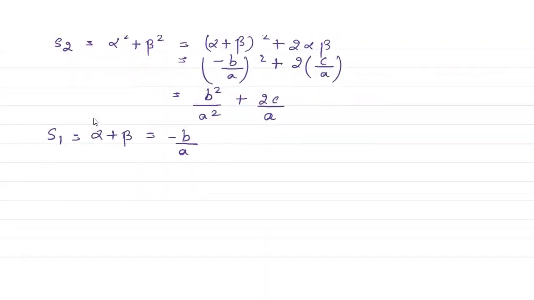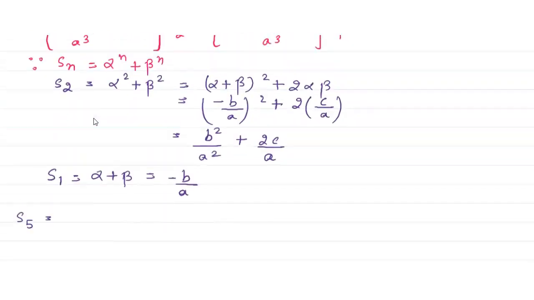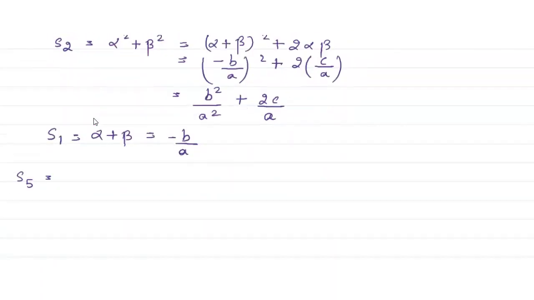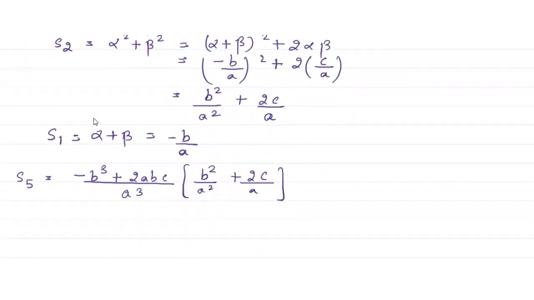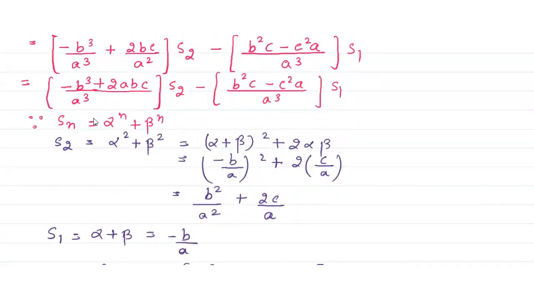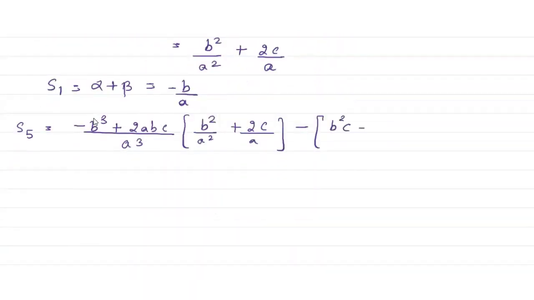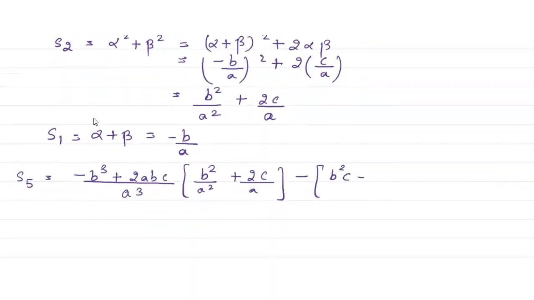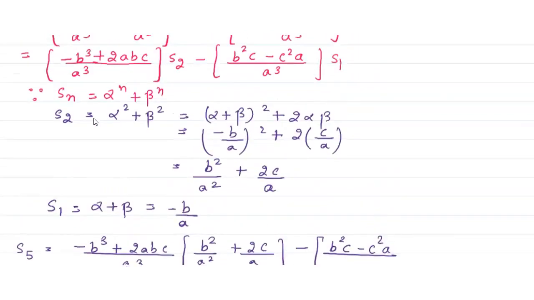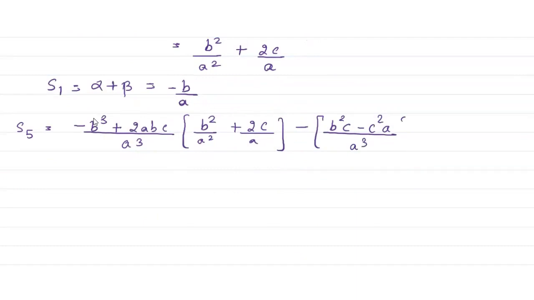Now S5 is equal to, let me just write it, minus b cube plus 2abc divided by a cube, and the value of S2, b square by a square minus 2c by a, and this is minus b square c minus c square a divided by a cube, and minus b by a.